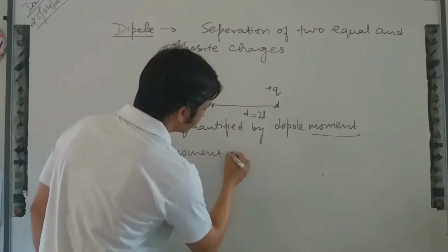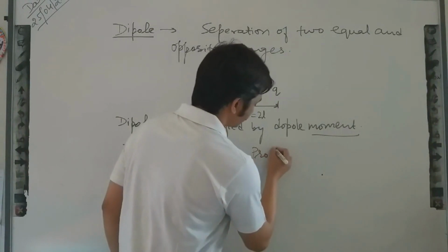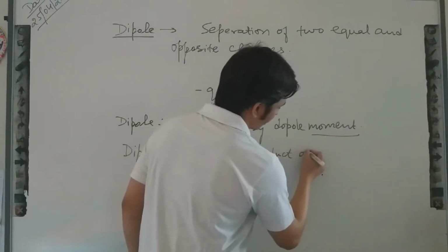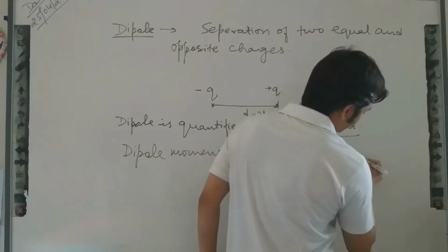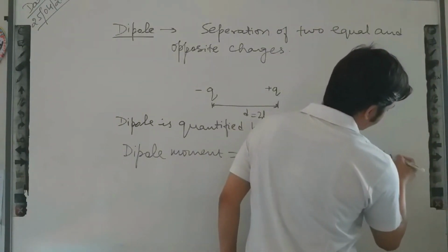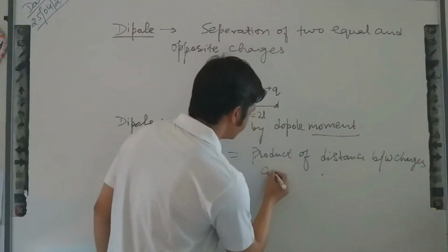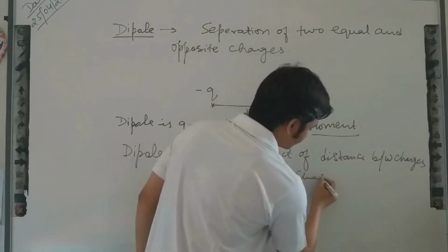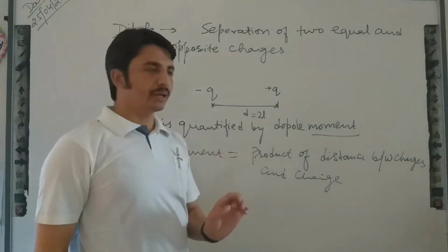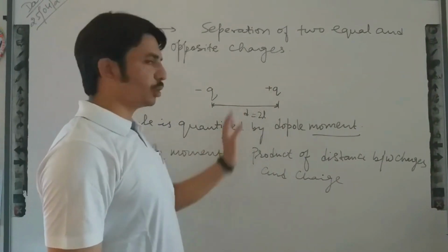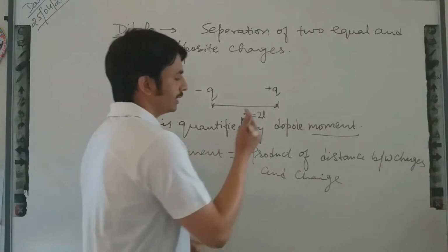Dipole moment is the product of the distance between charges and the charge. If we calculate the dipole moment of these two charges kept at distance D or 2L, then what will it be?